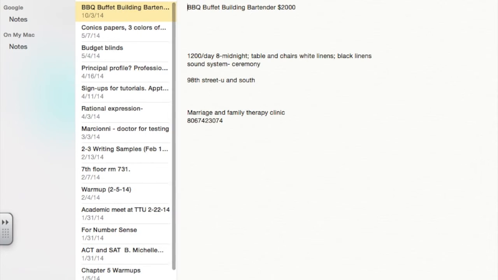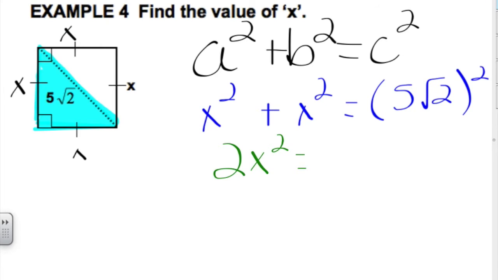Now remember how to square 5 root 2. You're going to square the 5, which is 25. Square root of 2 squared is 2, so 25 times 2 gives you 50. Now divide by 2.